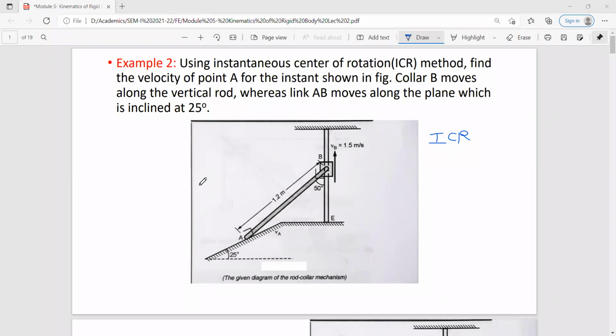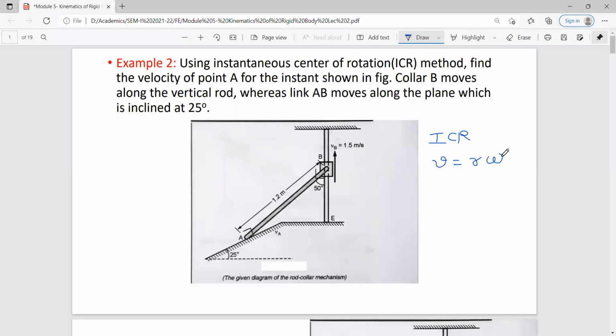Okay, guys. So let us try to solve it together. We already know that we use only one formula in this method. That is nothing but V, velocity, is equal to R omega.